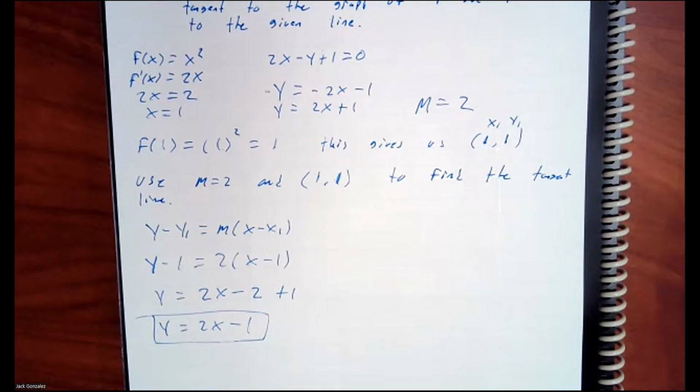So we set them equal to each other and solve for x, and we find a value that makes them have equal slopes, that would make the derivative equal to 2. So you plug in 1 there. That means the tangent line will have slope 2, just like this one.